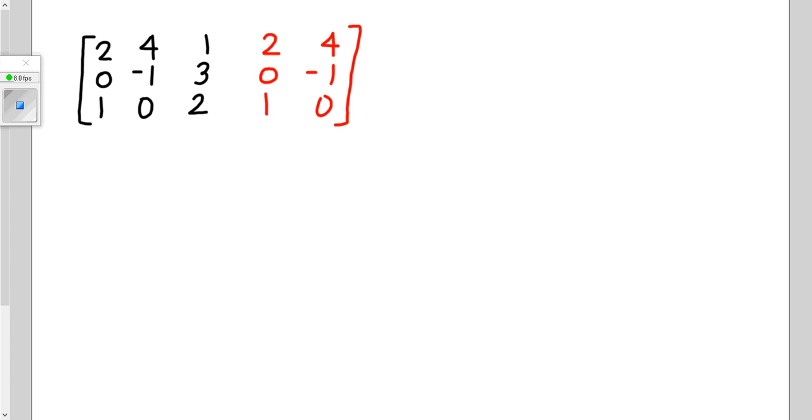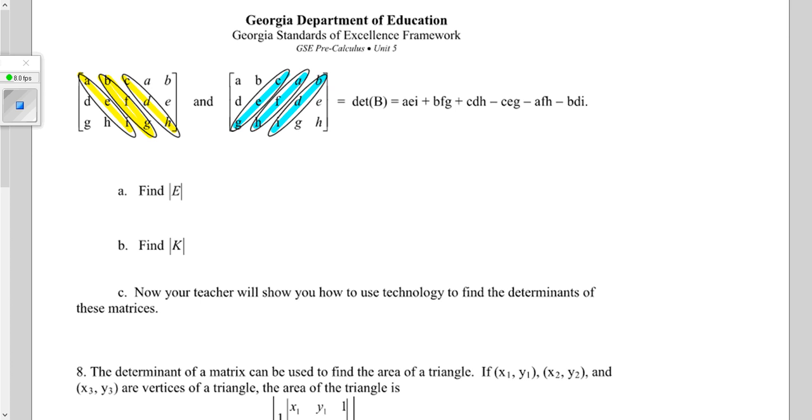So I'm going to grab my highlighter. Again, you might want to highlight, it might help you out. And I'm going to start at the top left-hand corner and go down. Then I'm going to do the next one. Then I'm going to do the next one. These represent these ones right here. Okay, those main diagonals, top left to bottom right.